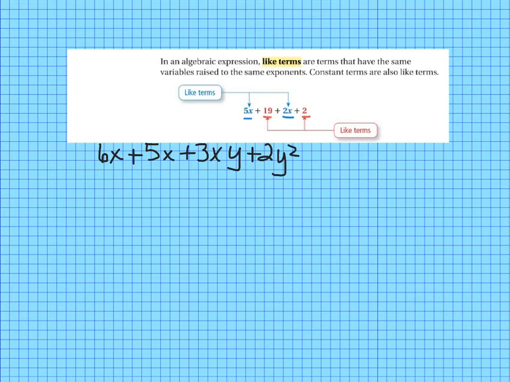So I'm going to show you what is like terms and what's not. So these two are like terms. This one has nobody else in the expression who's exactly like it. There's no other term that has an xy, so it has no like terms.